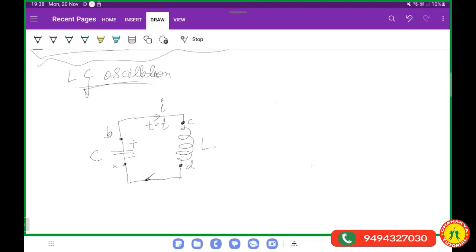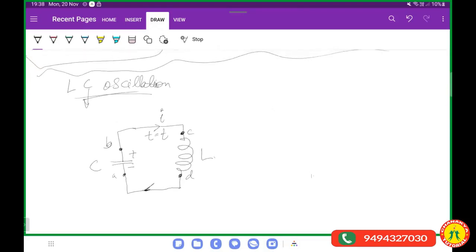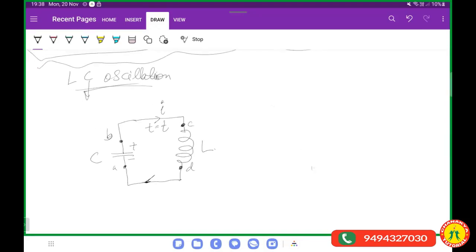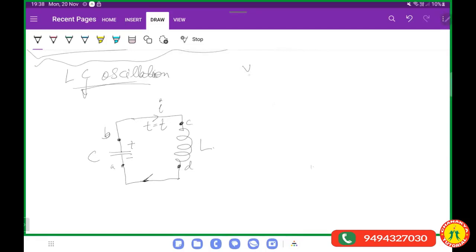So let's see some formulas here, or formulas in the sense, nothing much we are going to do. VB minus VA equals VC minus VD. On one side, charge is there: q by C. On the other side, the coil is there: L di by dt.